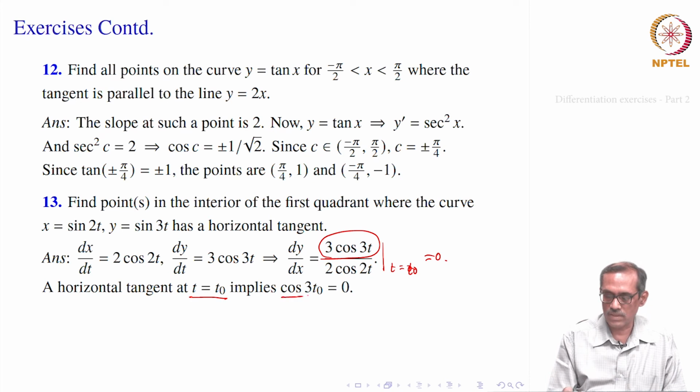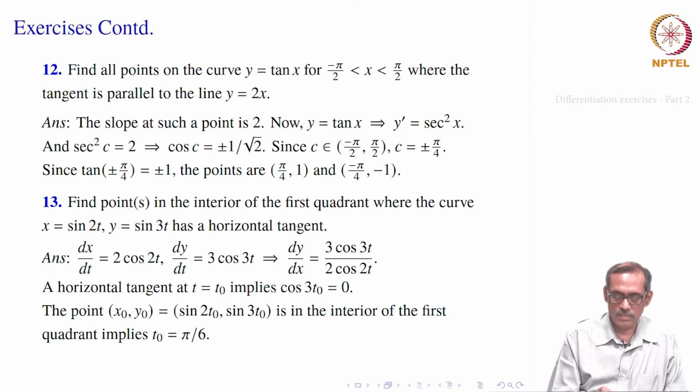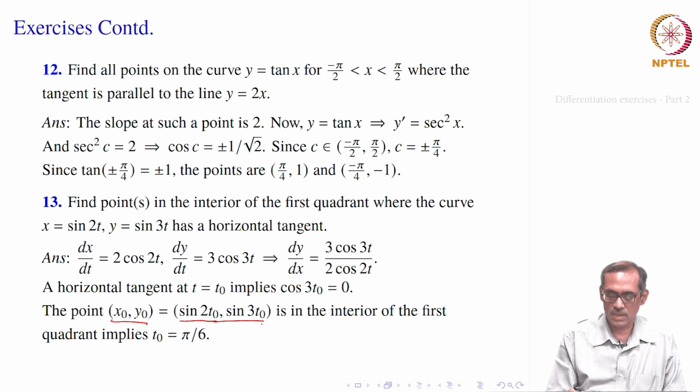So you get cosine 3t0 equal to 0. Okay. So if the point is (x0, y0), that is sine of 2t0, and y is sine 3t0. If that is the point, it is interior of the first quadrant, so that means it should be positive, right, and cosine of 3t0 must be 0.